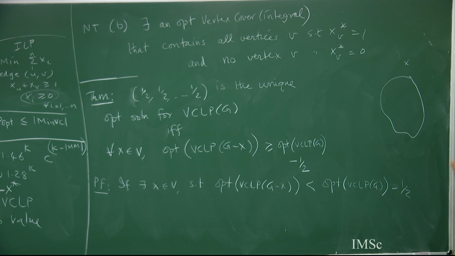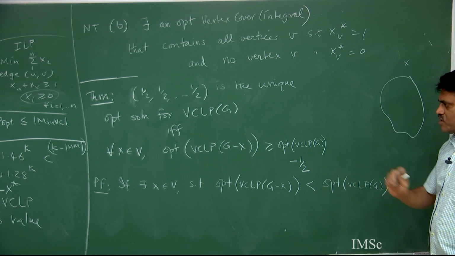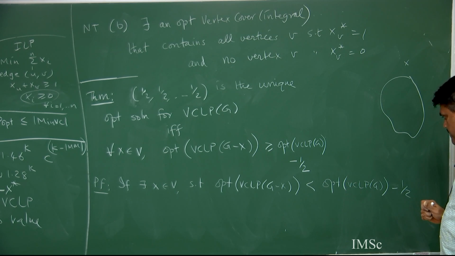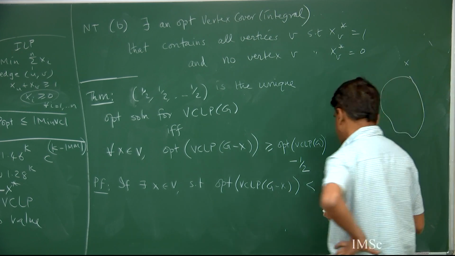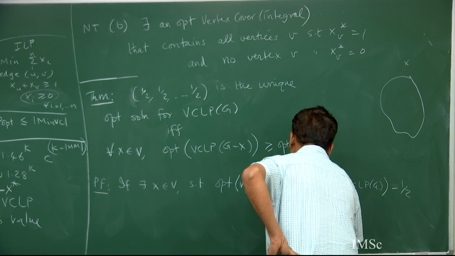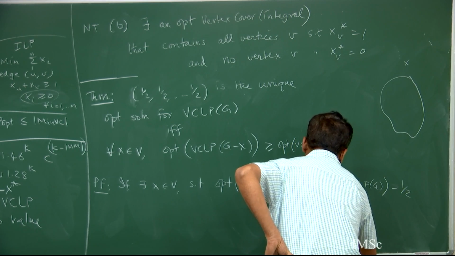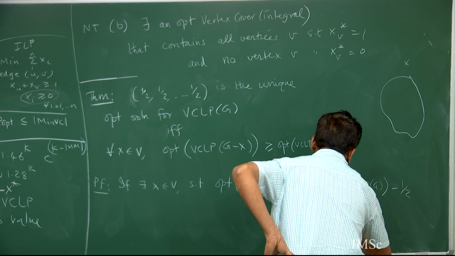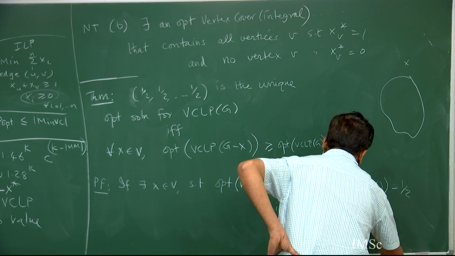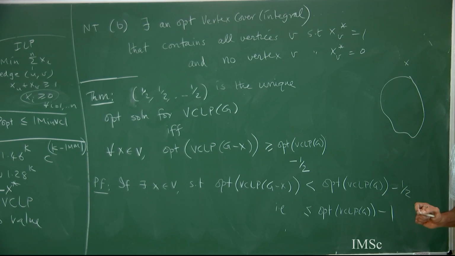But what does strictly less than mean? Because the values are all 0, half, 1, I claim this means that this is simply less than or equal to opt of VCLP of G minus 1.